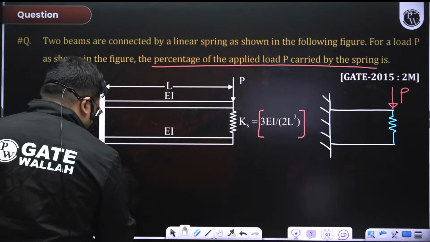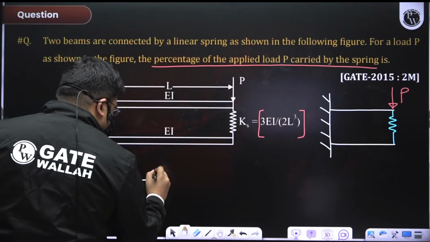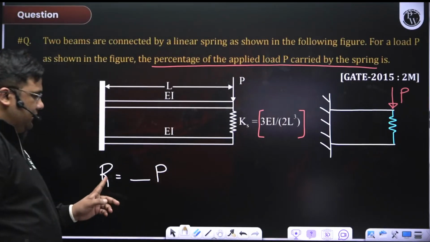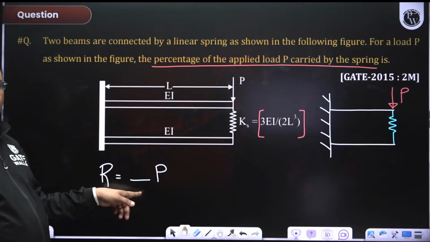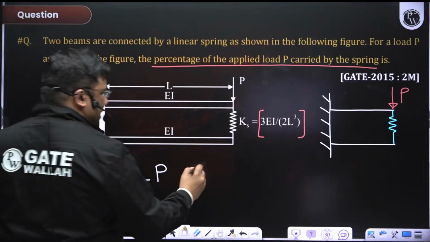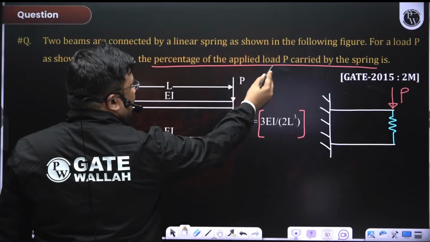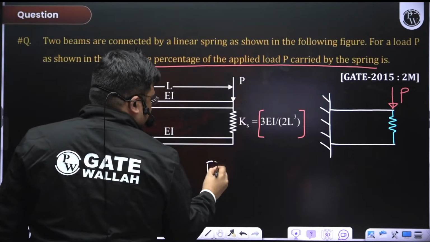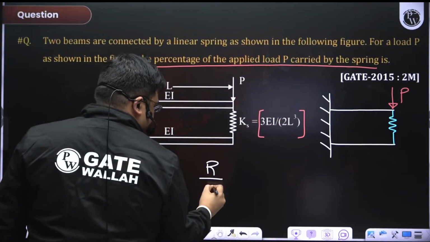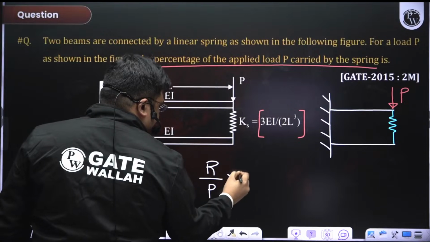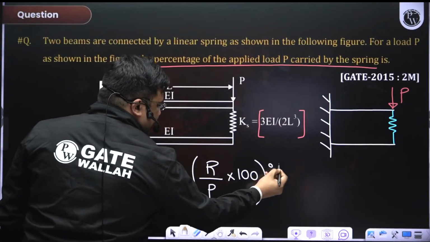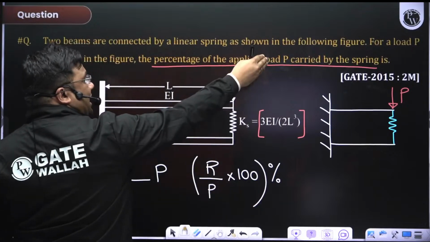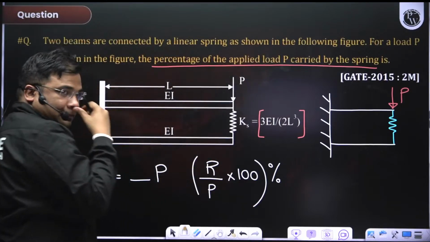And this spring force you can find out in terms of P. So once you find it in terms of P, you can find the percentage. Indirectly, they're asking you spring force R divided by P into 100.